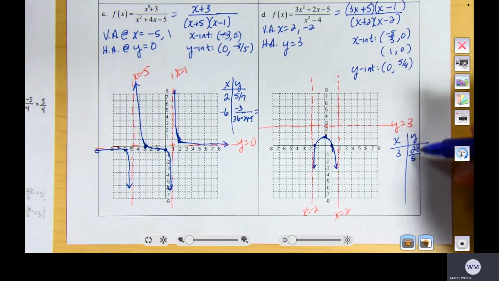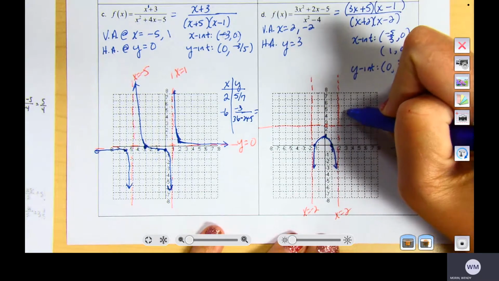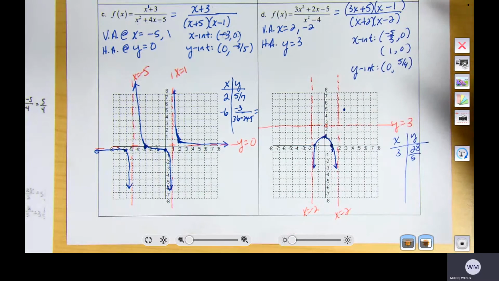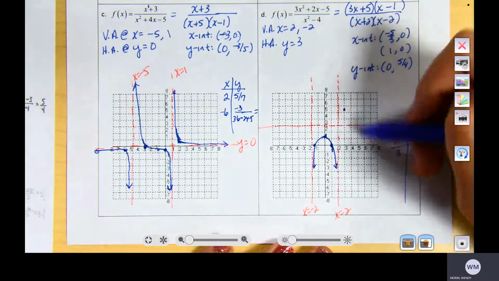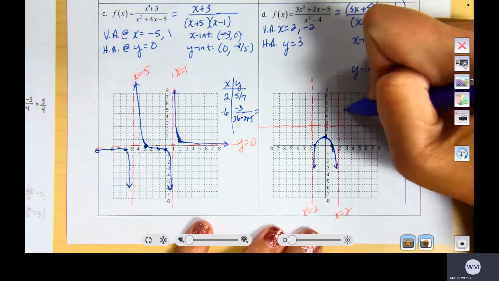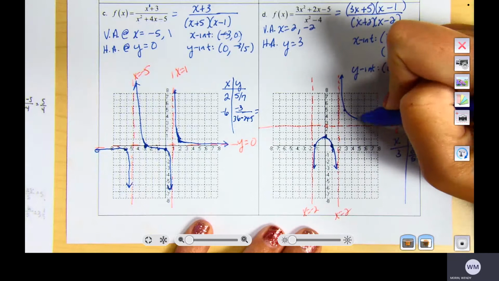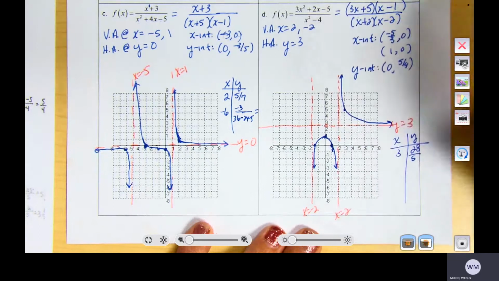So 5 goes into 28 a little bit more than 5 times. So 3, a little bit more than 5. It's going to be here. Okay. So we know that our branch is going to be up here, and it's going to be approaching this vertical asymptote. And as x gets bigger, it's going to be approaching this horizontal asymptote.